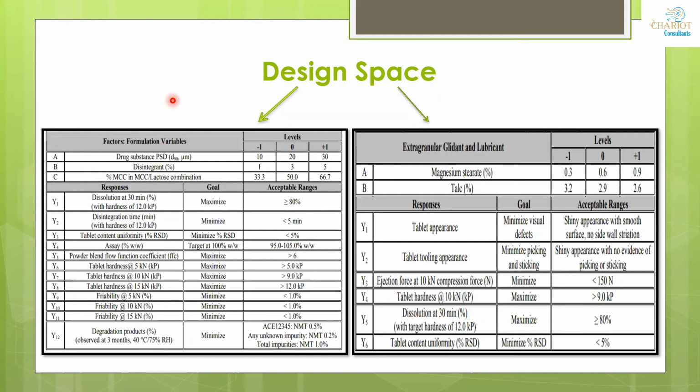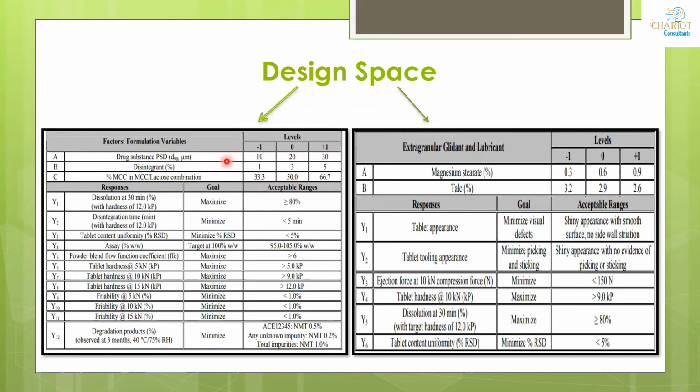But by using design of experiments, we can evaluate multiple factors at a single point of time. For example, in this case, we have evaluated three factors simultaneously: your drug substance PSD, your disintegrant, and your MCC lactose combination. And what are the levels that we are using?